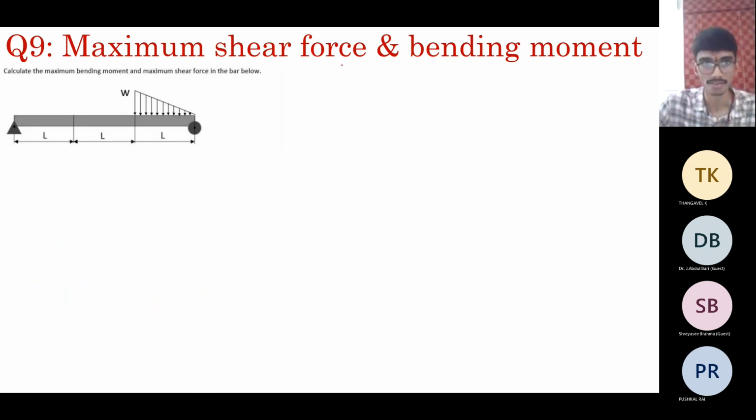Now determine the maximum shear force and the bending moment in this problem. So the procedure is as follows. First step is to isolate.